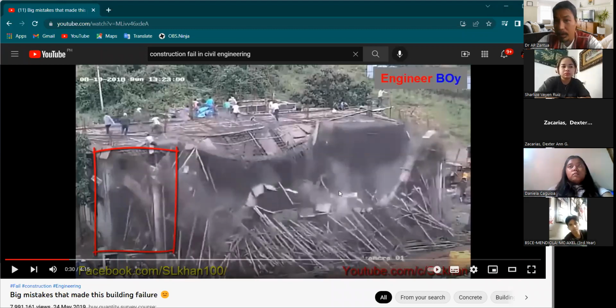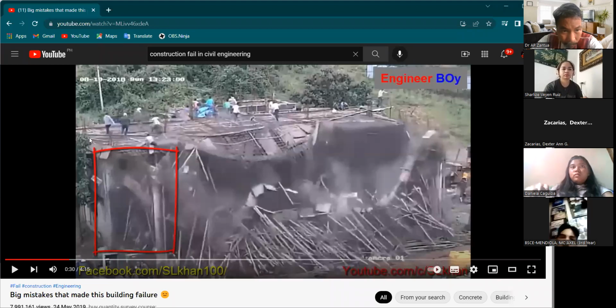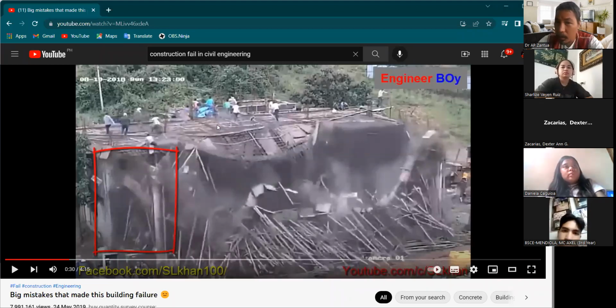Actually, this is the flooring for the second floor, or the roofing for the first floor. The same function. That slab has the same function of being a flooring for the second floor and the roofing for the first floor. As you can see, there is still reinforcement standing up, meaning to say the second floor is being prepared.